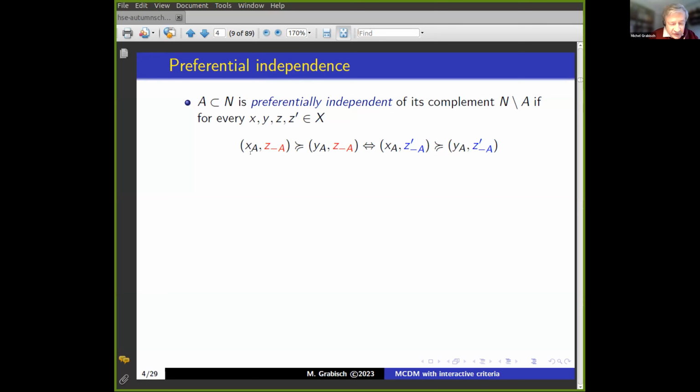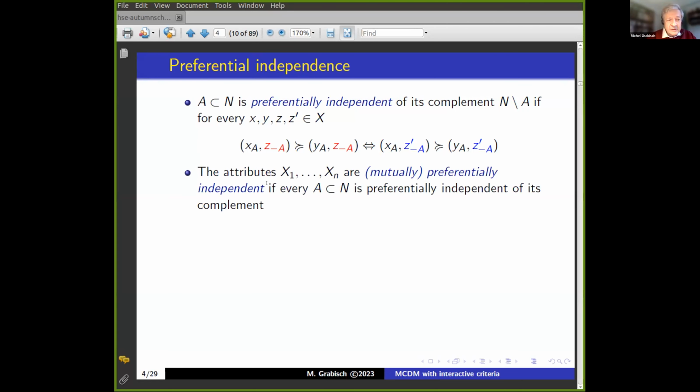For attributes in A, you have two different alternatives, X and Y. And then for the rest, you have something called Z. Suppose you prefer this compound alternative to this one, then the property says that it changes nothing if you replace Z by some Z prime, whatever Z prime is, okay? In some sense, the preference over the attributes in A is independent of the preference for the other attributes. This is the meaning.